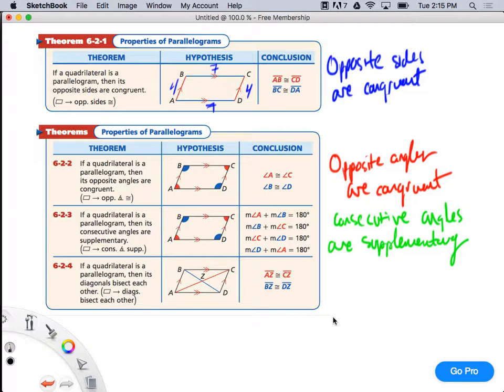Well, what does it say? The diagonals bisect each other. What does it mean to bisect? They split it evenly. Cut each other in half. So the fourth thing is diagonals cut each other in half. Or really, I like it better, diagonals split each other evenly.